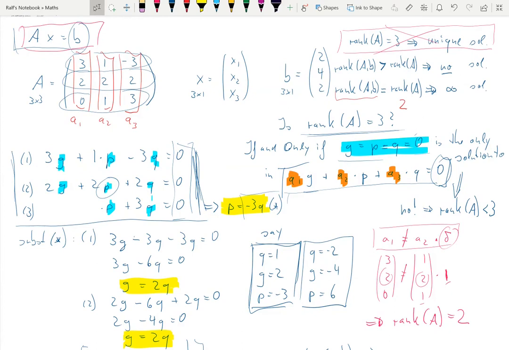We have now established that the rank here is also 2. So that means that the ranks are equal. So this case is also out, and the case we are talking about is this one here. That means in our particular situation, this equation system, AX equals B, with this coefficient matrix A and this solution vector B, has an infinite number of solutions.